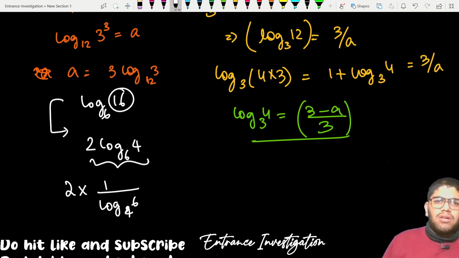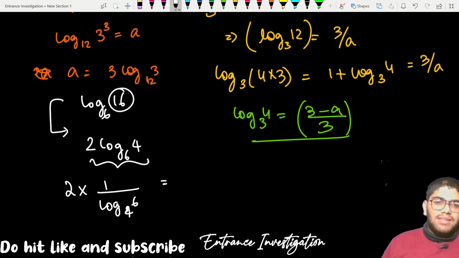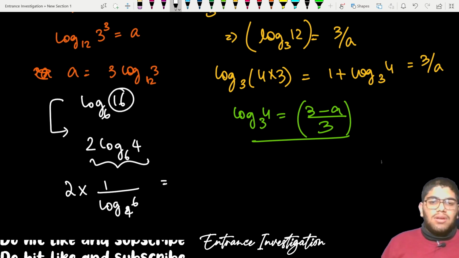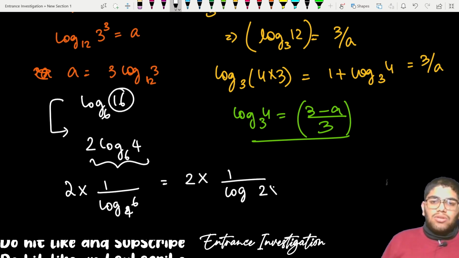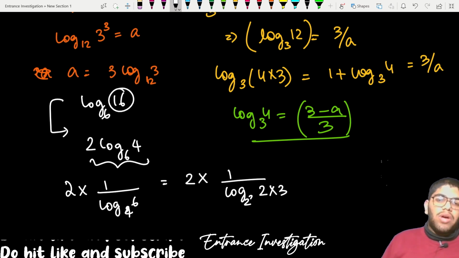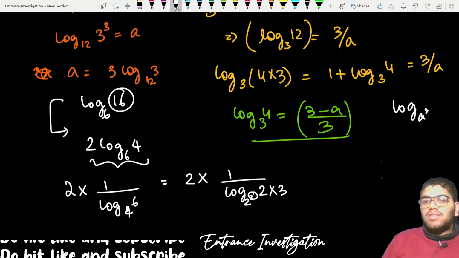Or perhaps we can, I guess, let us keep it simpler. We must not complicate things. So this is 2 into 3 and this is 2 square. So now I have discussed this.